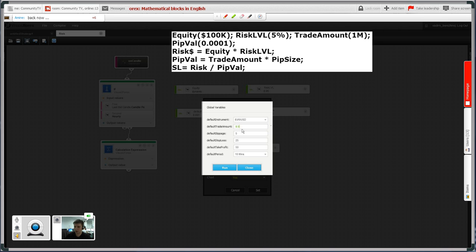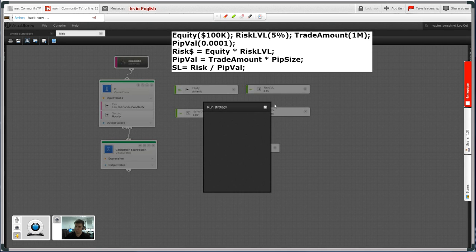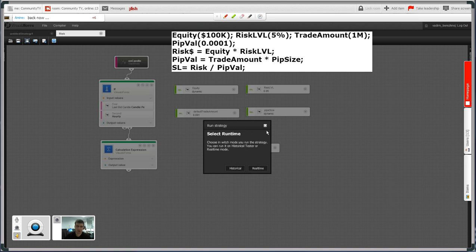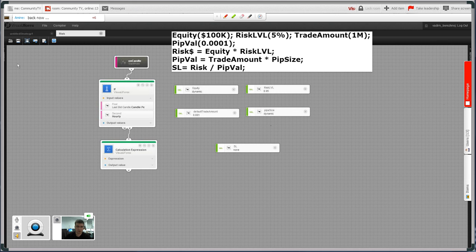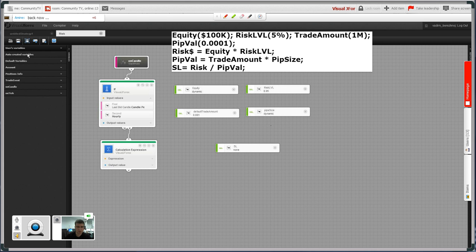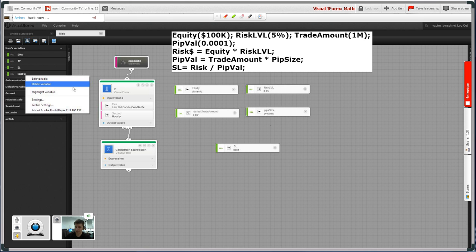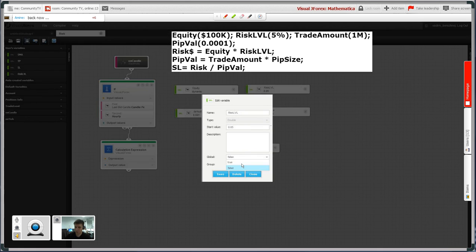And I forgot to set risk level to global. Let's make it. We go to settings of the variable and set it to global. Yeah, now it's the setting of the strategy.